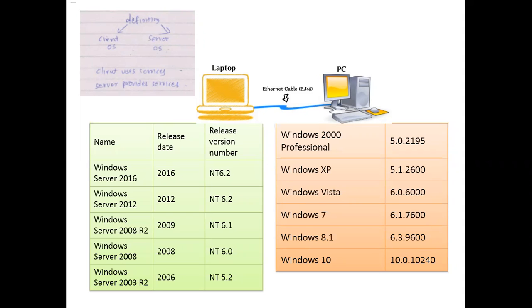Now finally, the conclusion: what is client and what is server OS? We can define that a client uses the service and a server provides the service, irrespective of whether it is a client OS or server OS. That is the definition of client and server.